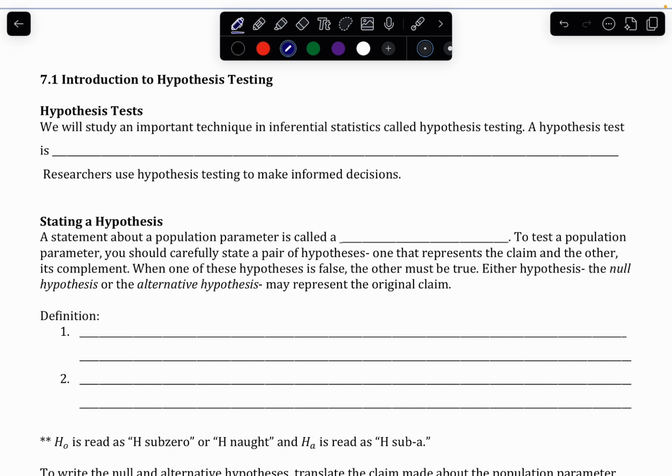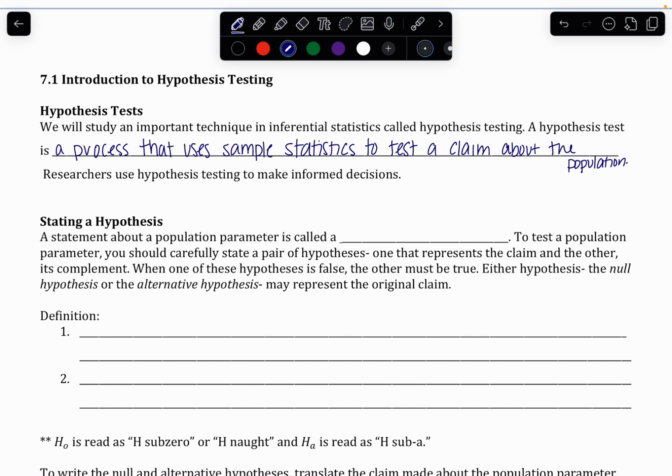A hypothesis test is a process that uses sample statistics to test a claim about the population. So researchers use hypothesis testing to make informed decisions.